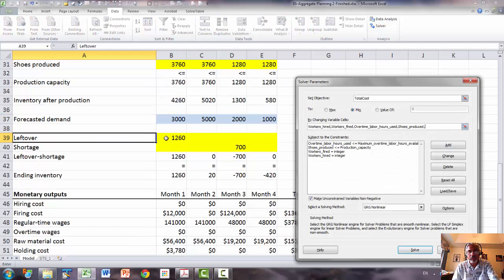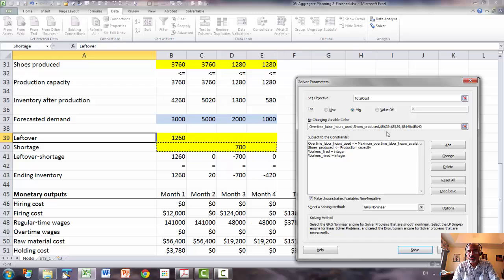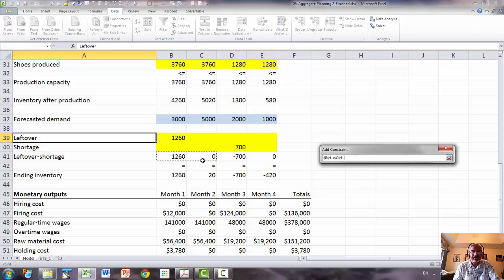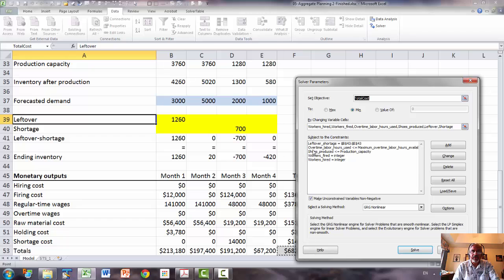Now we have two more ranges for changing cells. Then we have to add the constraint that leftover minus shortage is equal to the ending inventory.